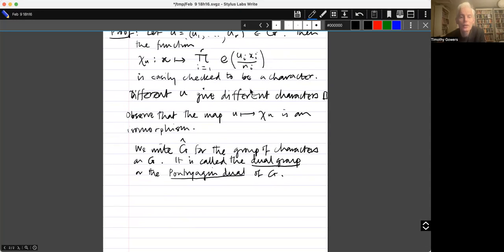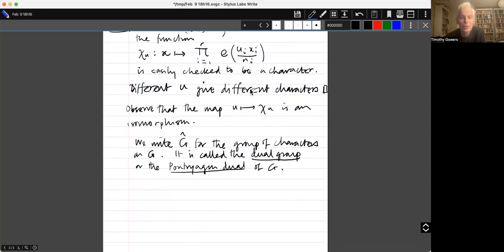Now, let me just say a little bit more about norms and inner products. So I've defined an inner product on functions defined on G by, let's just recap, the inner product of f and g was the average of f(x) times g(x) bar.